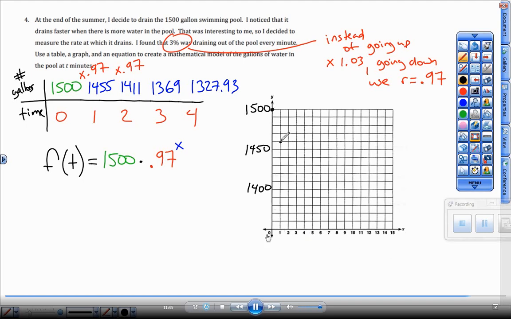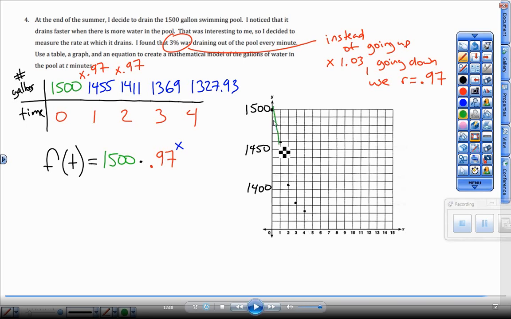So if I graph this, 0, 1500, 1, 1455, which is really a little bit too low. This would be, oh, maybe a little bit lower right there. My next point, 2, 1411 would probably be a little bit higher. 3, 1369. 4, 1327.